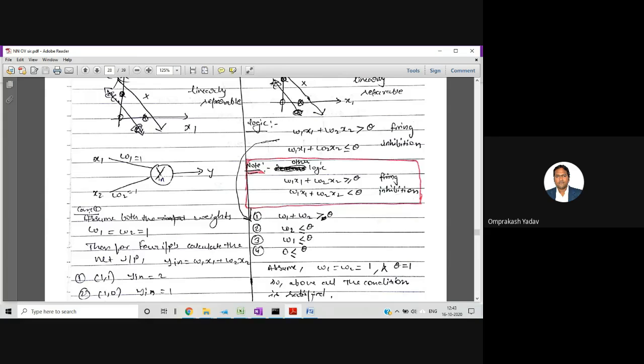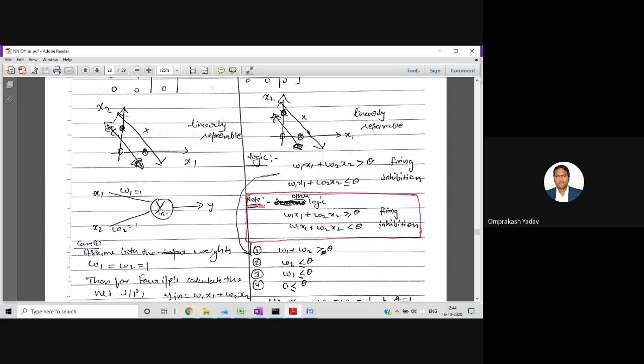So you can write: case 1, assume both weights w1 equal to w2 equal to 1. Now on what basis will we solve the problem? We will use the formula y in is equal to w1 x1 plus w2 x2. See how we calculate the total net input at this particular node.